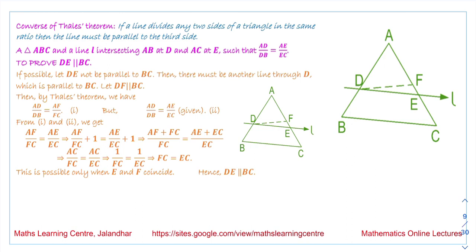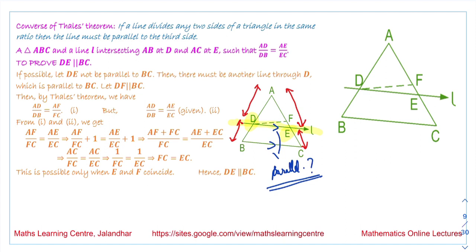So we are given that this line L is intersecting this side AB at the point D and intersecting this side at the point E. Now we are given that the ratio of these two sides, AD over BD, is equal to AE over EC. See, the ratio of these sides are equal. We have to prove that these two lines are parallel. This thing we have to prove.